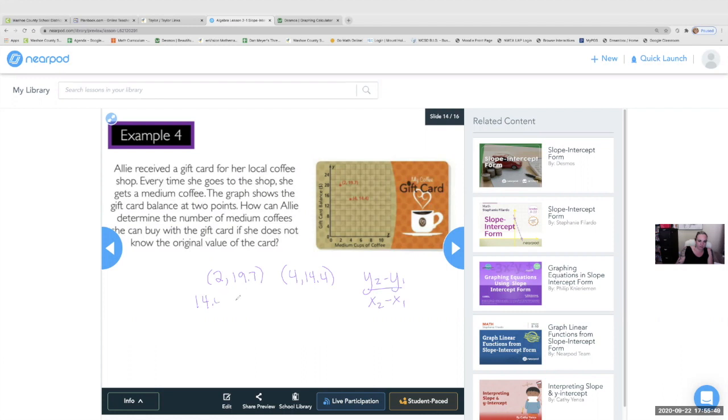So 1440 minus 1970 divided by 4 minus 2. Remember, always start with the second values, subtracting the first values. Okay, so figure that out. Pause it and come back when you're ready.